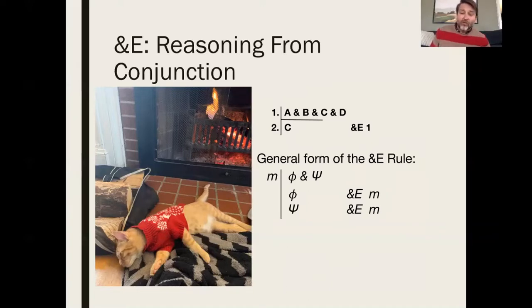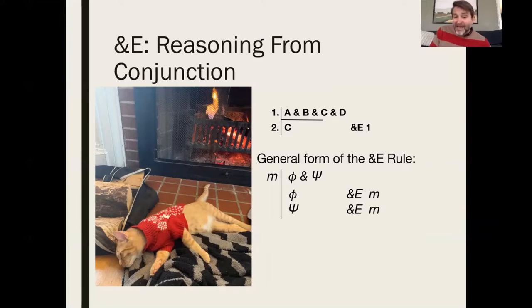So the general form of this conjunction elimination rule is as follows. At some step M or premise, you have a statement of the following form. And remember, Greek letters are variables for sentence letters. So we have phi and psi.